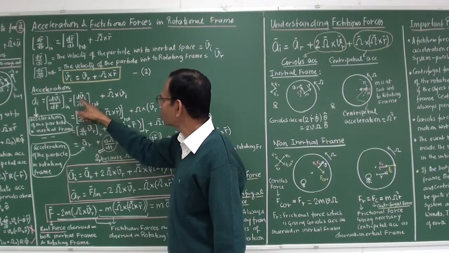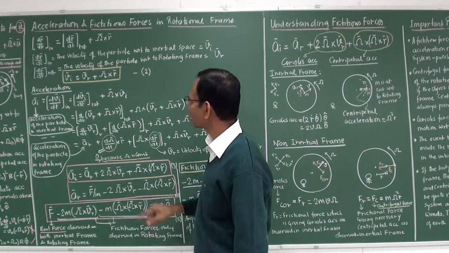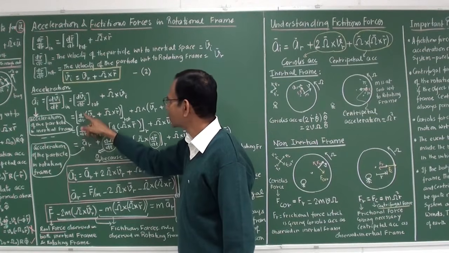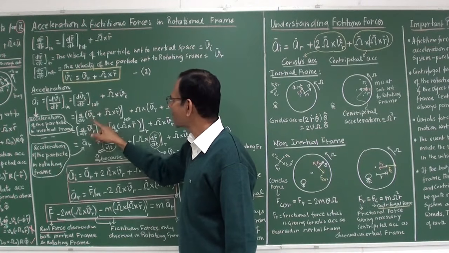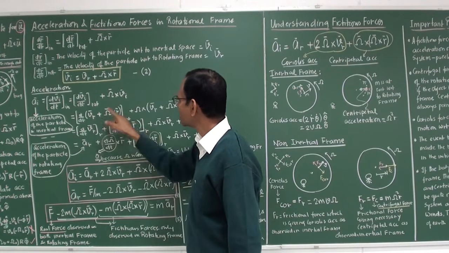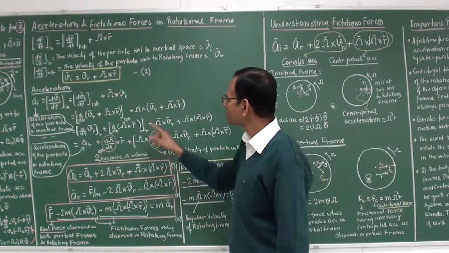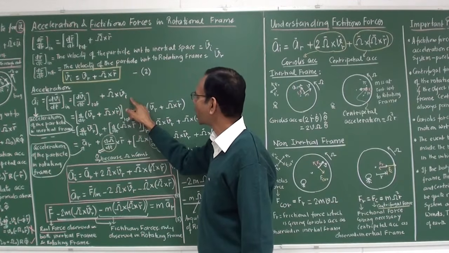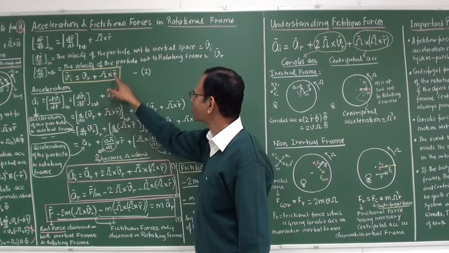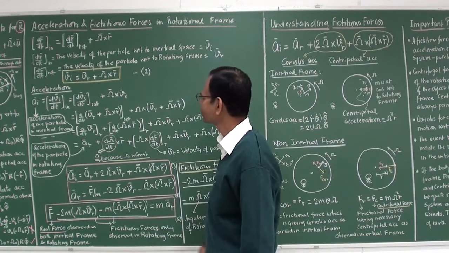So I change vi to vr plus omega cross r. So d/dt of vi is d/dt of (vr plus omega cross r) in the rotational frame, plus omega cross (vr plus omega cross r).